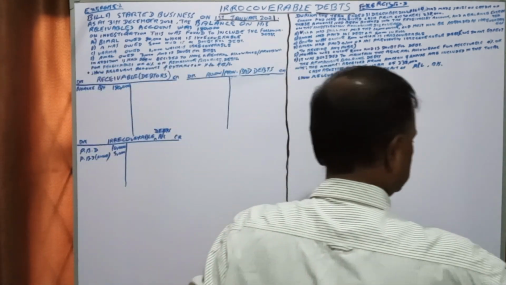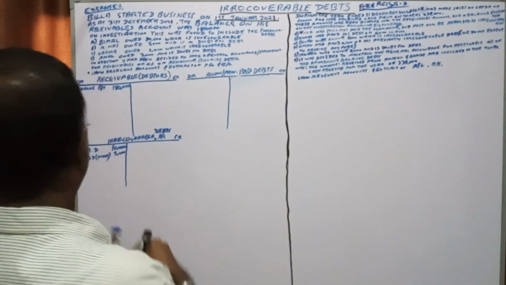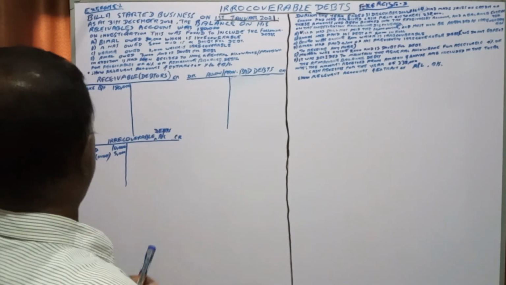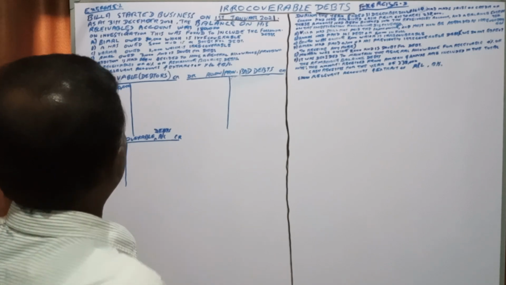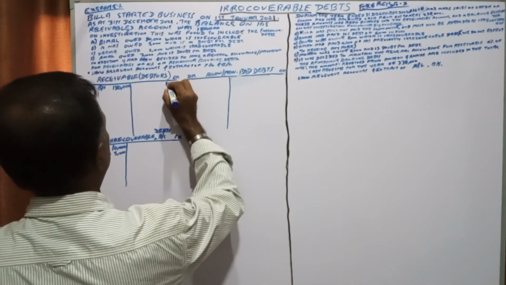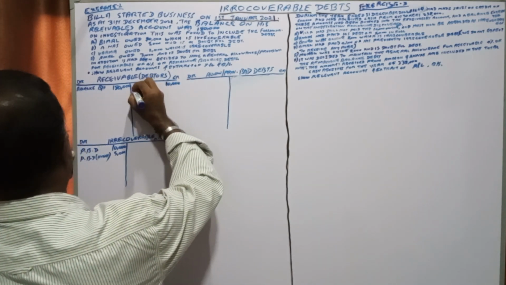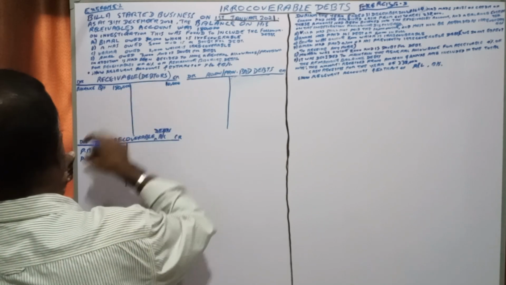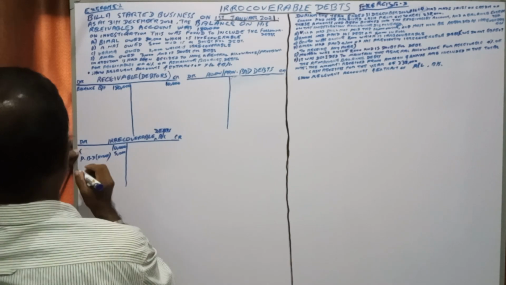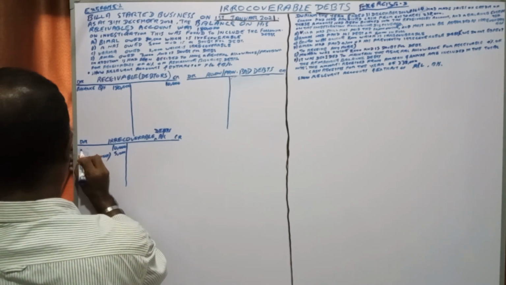For this irrecoverable account, we have to write it off directly from the debtors. You have to give a narration reference, receivable debtors.